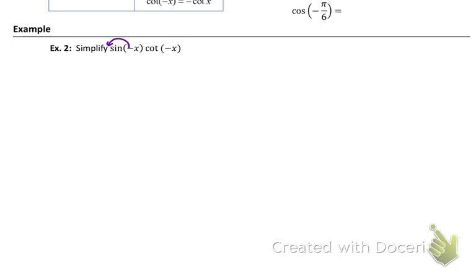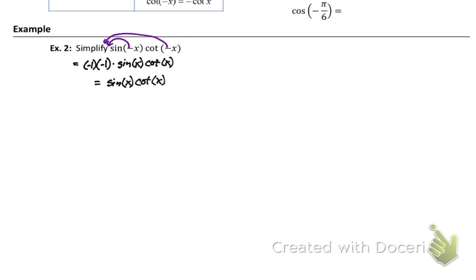Cotangent, just like sine, I can bring it out front. What happens if I have two negatives next to each other? They become positive. I'll actually write it out here. So this is the same thing as negative 1 times negative 1 times the sine of x, cotangent of x. A negative times a negative is a positive. So really I just have sine x times cotangent x.